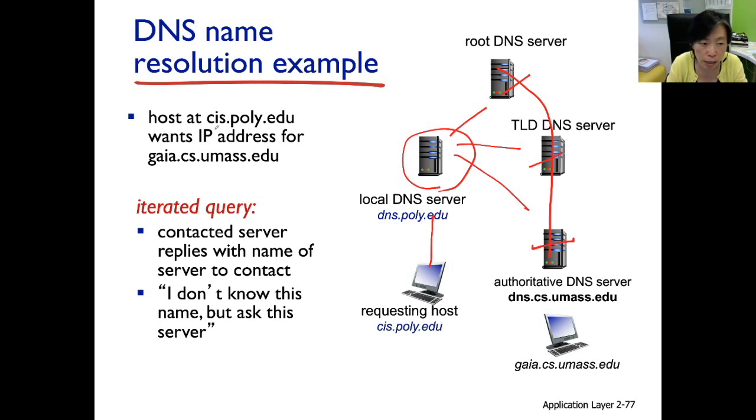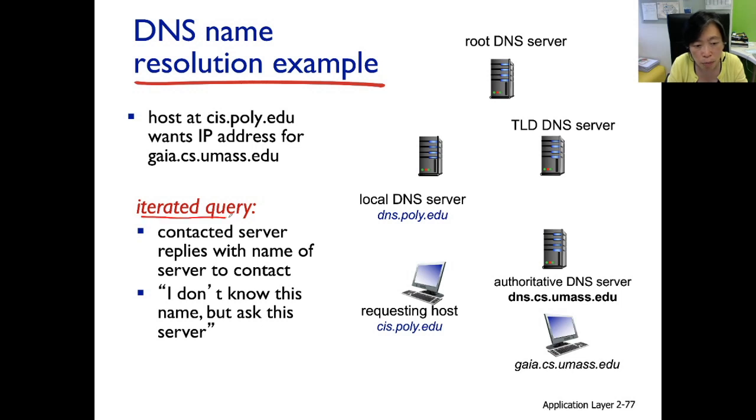Let's do that through an example. There's going to be a host trying to reach Gaia.cs, but before messages can go out, the host here needs to find the IP address of Gaia.cs over there. And we're going to illustrate this form of query forwarding.